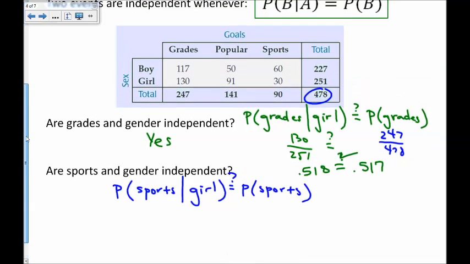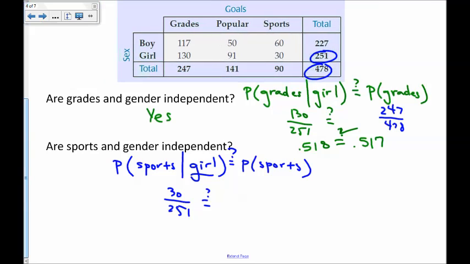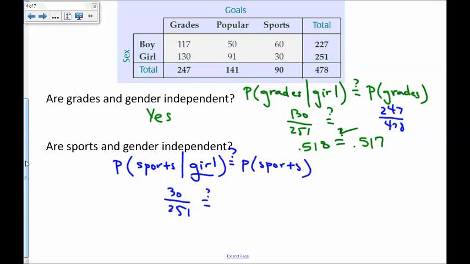For sports given girl, I look at sports and girl, where a girl's primary goal is sports, which is 30, out of girl, which is 251. Is that equal to sports out of everybody, 90 out of 478?